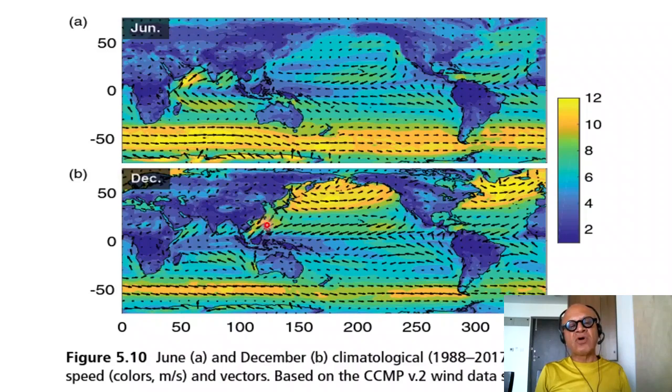So you get strong western boundaries here in the Pacific as Kuroshio, by the same token here as the Gulf Stream, and similarly you get southward western boundary currents here, the Oyashio current and the Labrador current. Of course, the Indian Ocean has a western boundary current which is going northward here but southward here, so it is completely reversing signs.